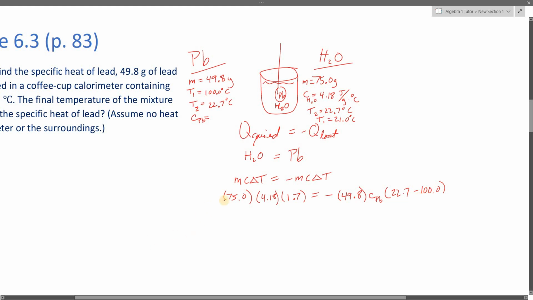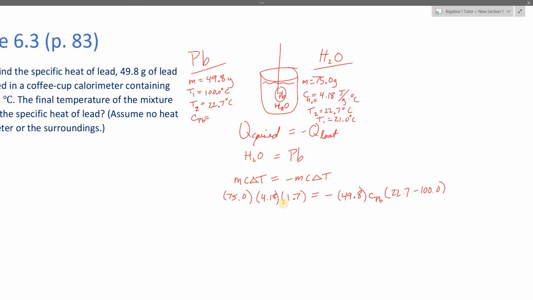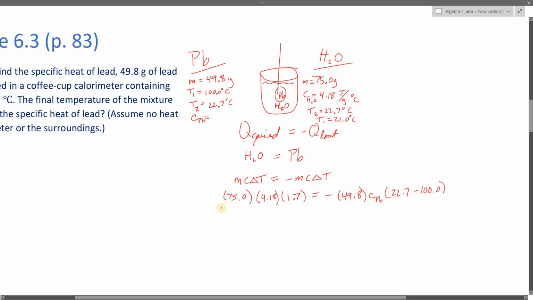On the left, if I multiply out this whole left side, I get 75.0 times 4.18. That gives me 313.5 times 1.7. That'll give me 532.95 on the left. And that is equal to negative.